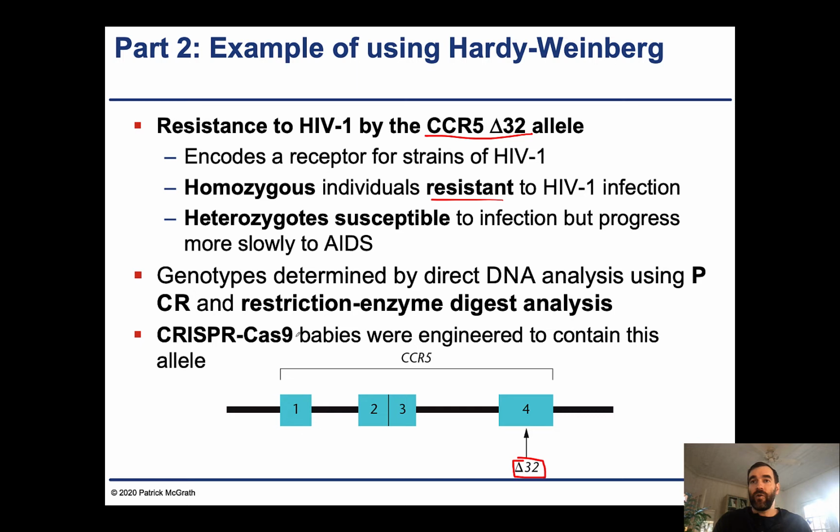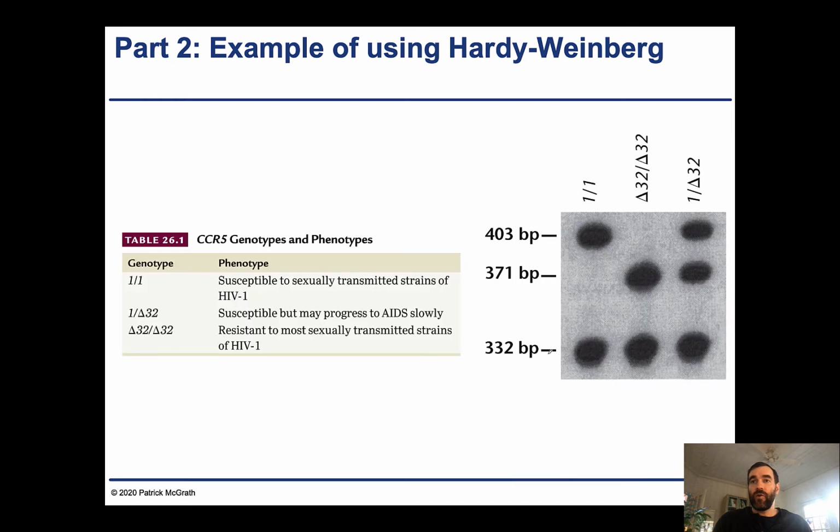I'm not sure if created is the right word, but the babies that had CRISPR-Cas9 genome editing, and these babies were engineered to contain this allele. By engineering them to contain homozygous alleles, because they were born to parents that had HIV, they would be resistant to the HIV infection. That was the ethical justification of why this should have been done.